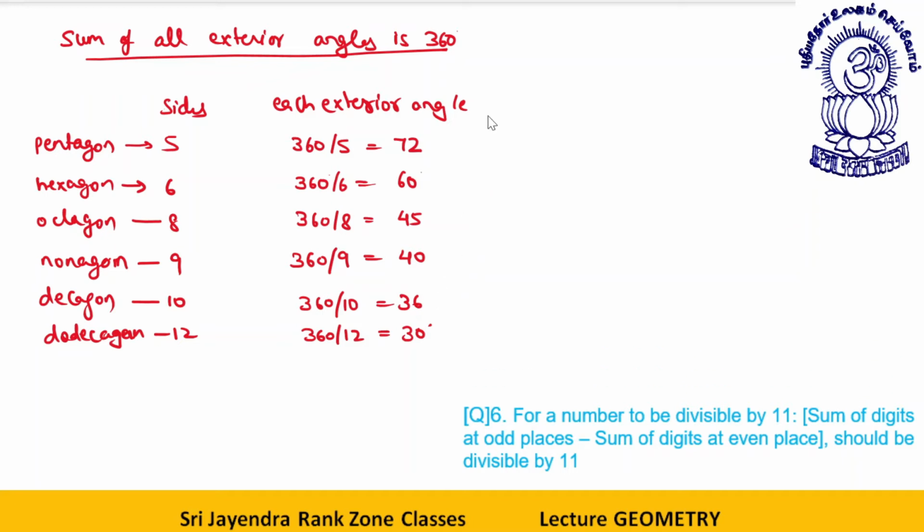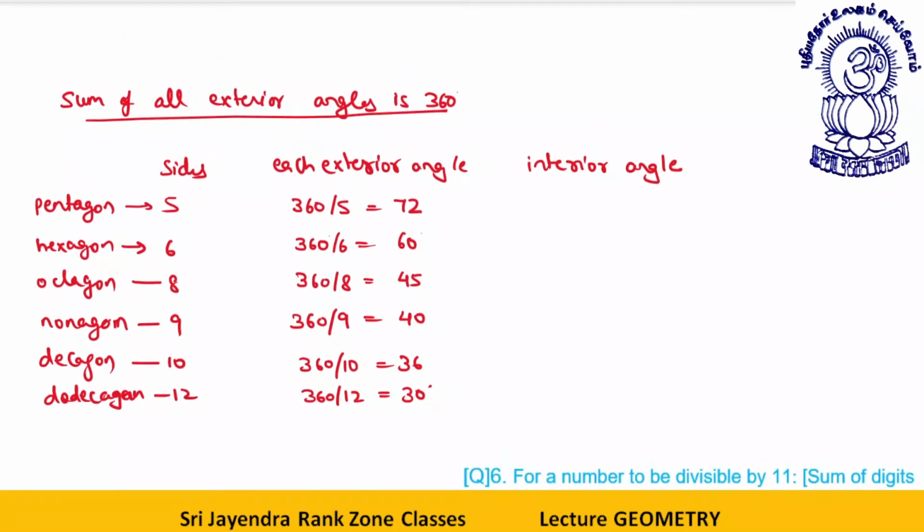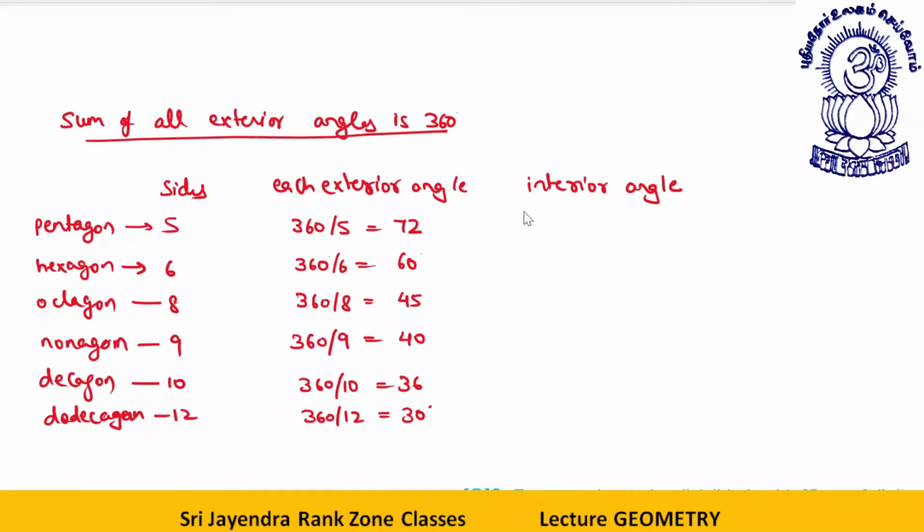Now what can I conclude? What is each interior angle? This is the main thing. Each interior angle is 180 degrees minus the exterior angle.